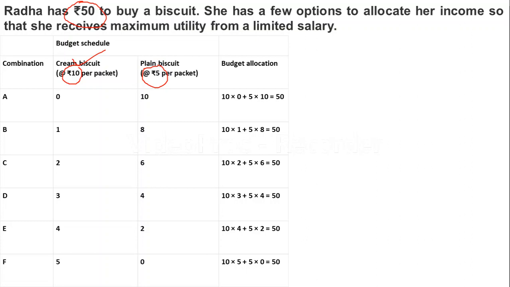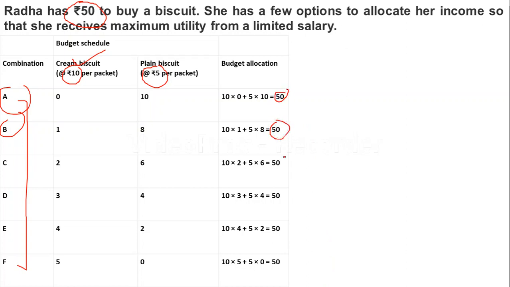So prices are given, and consumer's income is also given. In this case A, B, C, D, E, F, there are 6 combinations available to the consumer. He can choose any one combination here. If he buys any combination, his total expenditure will be 50 only.